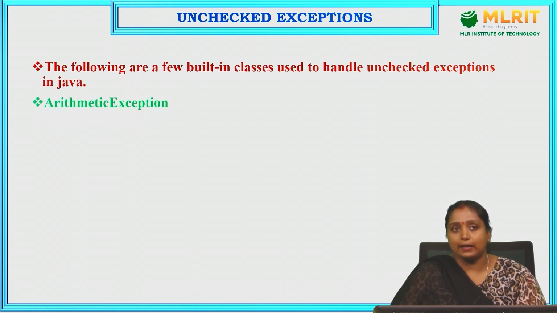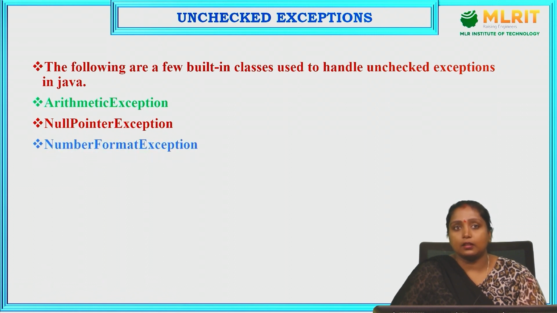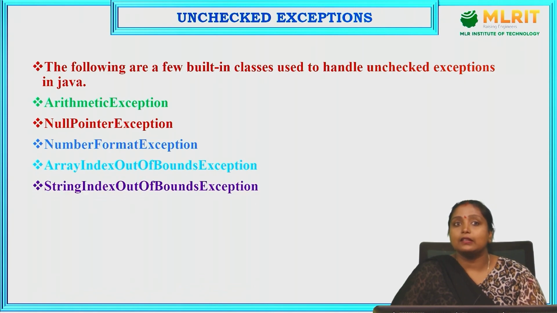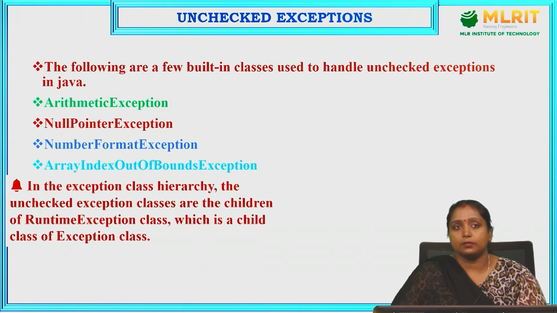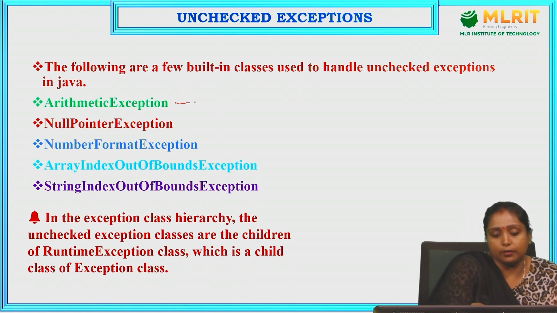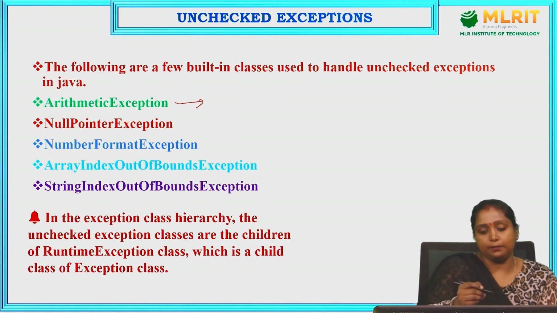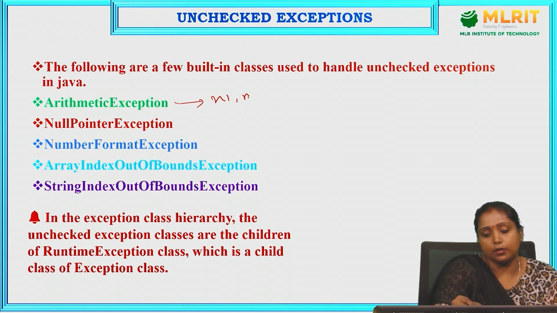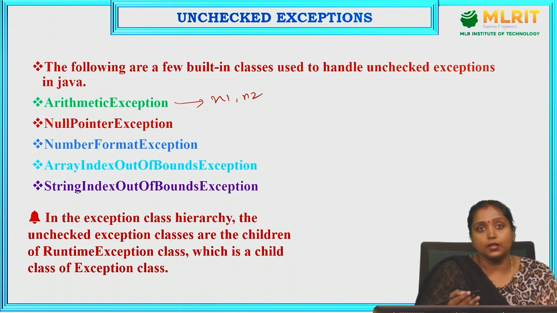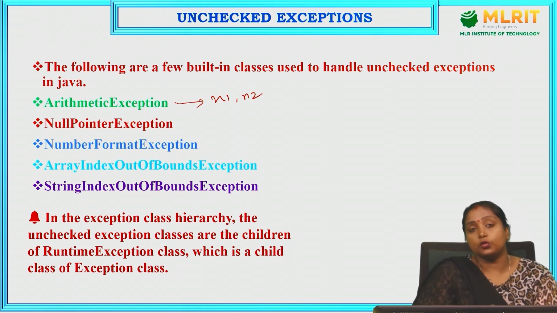There are a few built-in classes used to handle unchecked exceptions: ArithmeticException, NullPointerException, NumberFormatException, ArrayIndexOutOfBoundsException, StringIndexOutOfBoundsException. So, what is an arithmetic exception? For example, if I declare n1, n2, and I am doing division, I am asking the user to enter two values.